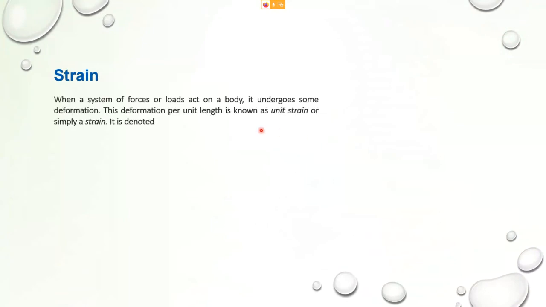Now, what is strain? When a system of forces or loads acts on a body, it undergoes some deformation, just like the diagrams I've shown you just now. When the object is subjected to a pulling force, it will undergo extension, elongation.